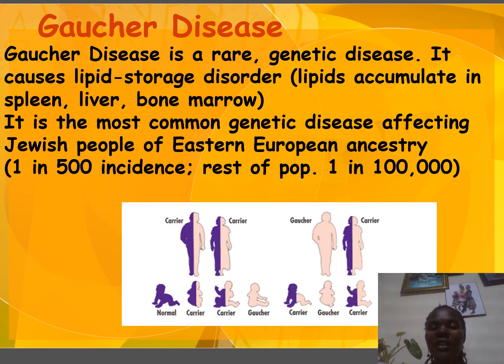Same with Gaucher's disease. It is also an autosomal recessive disorder. So at that point, you'll be able to look at the capital G for healthiness and the small g for Gaucher's disease. Individuals who have capital G are healthy, with no traces of the allele for Gaucher's disease. But the ones who are heterozygous will be capital G, small g.